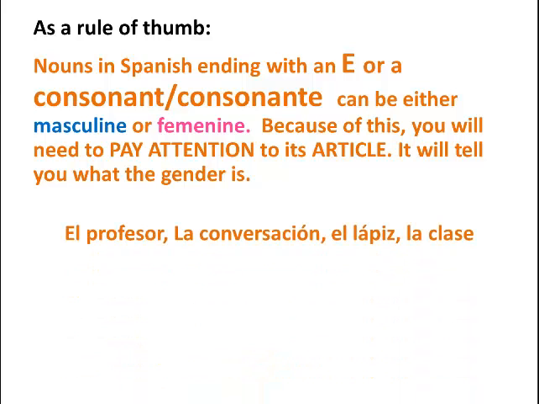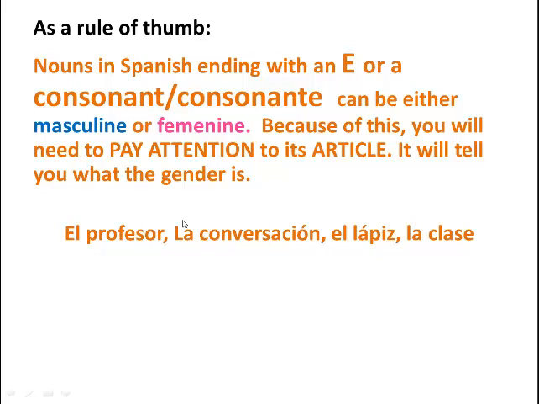So, el profesor. Profesor ends in R, and you may not know that that would be a masculine noun. However, because el is in front of it, now you know that el profesor is a masculine noun. La conversación. If you just looked at conversación and you looked at the ending, which ends in N, you wouldn't know whether conversación was masculino or femenino.